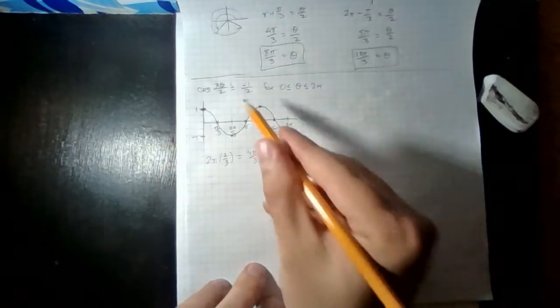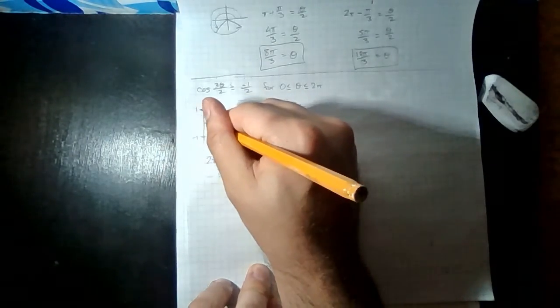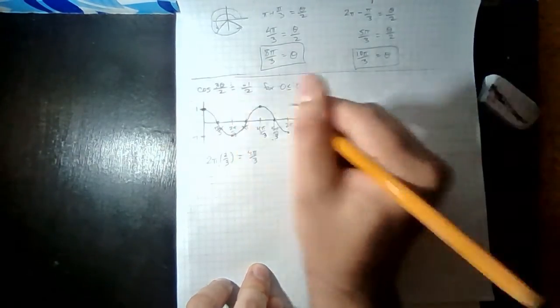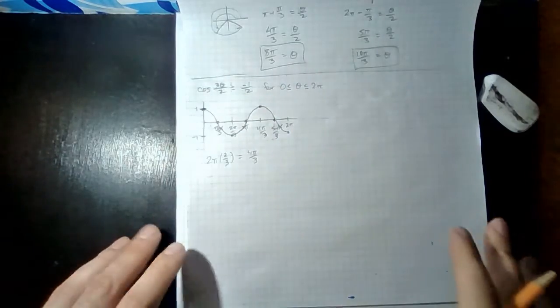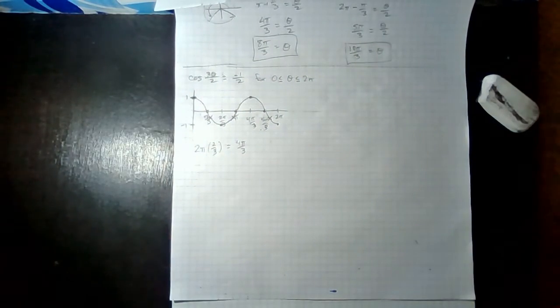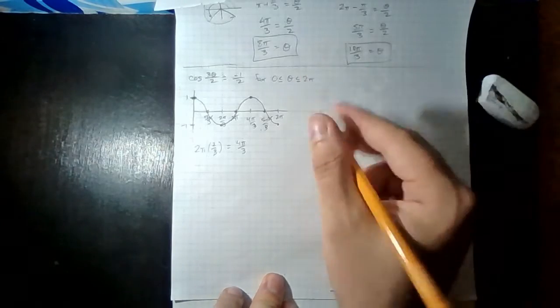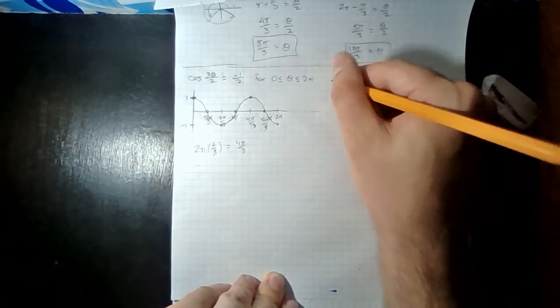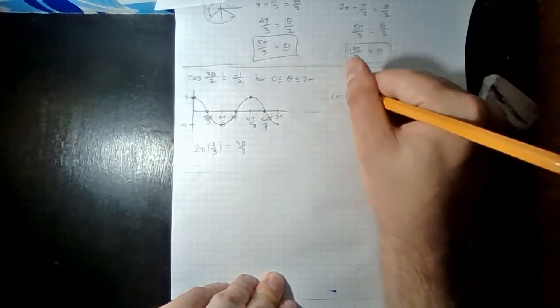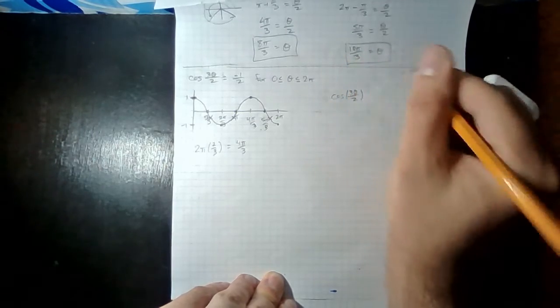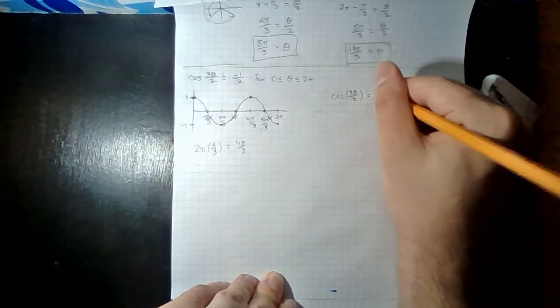So we're interested, when is this equal to -1/2? Well, it looks like there's going to be 3 different answers we're interested in. So we need 3 solutions. So cos of 3 theta over 2 equals -1/2.